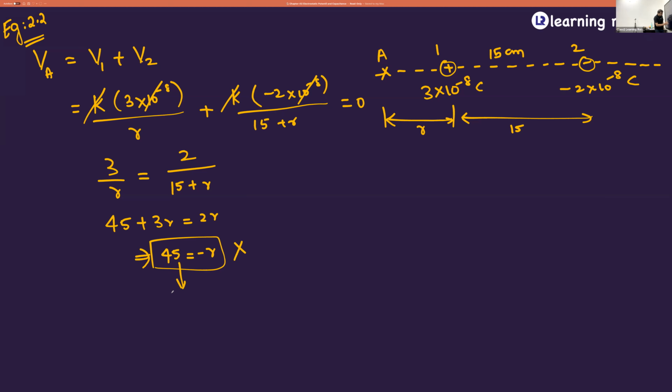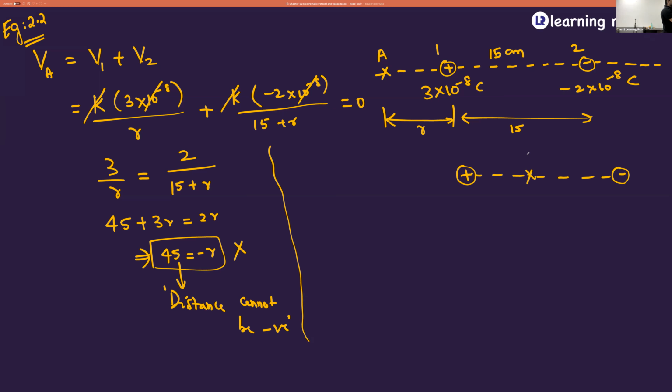So this is not possible. Having said this, the other point that I'm going to consider is, I'll draw the diagram again. This is case number 2.